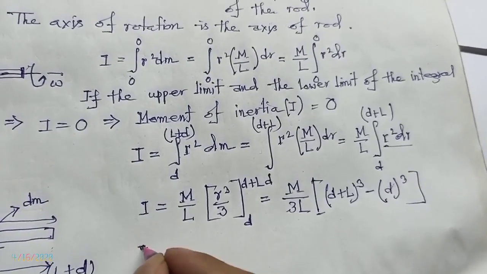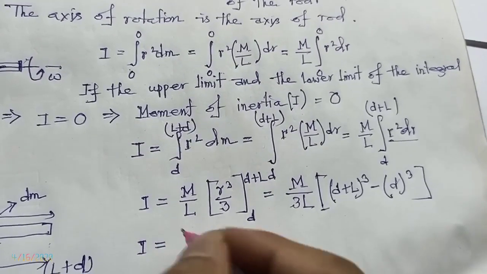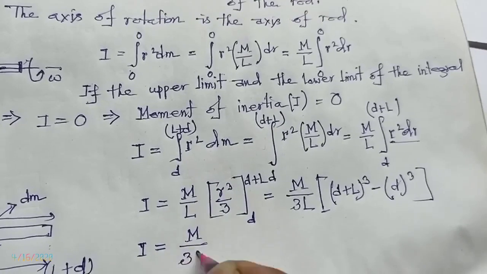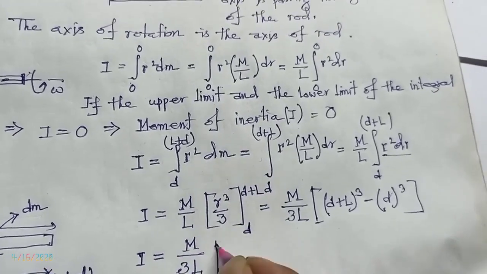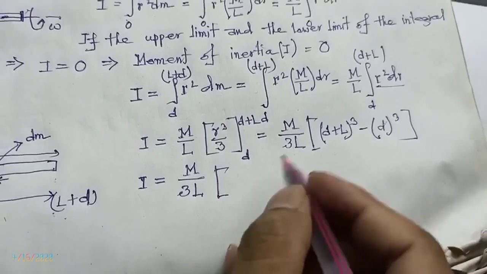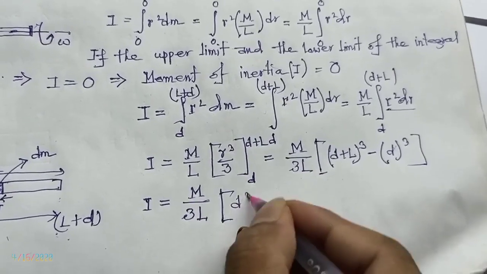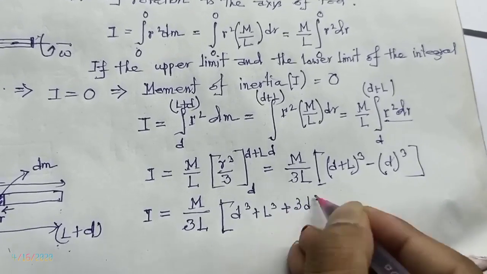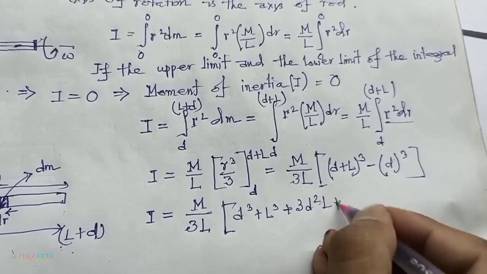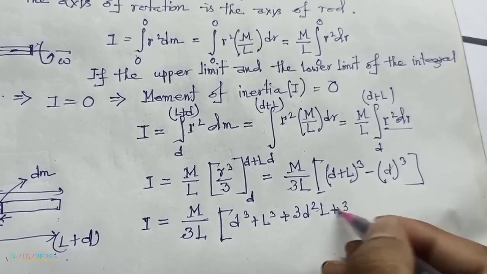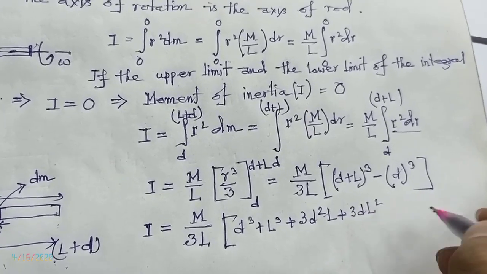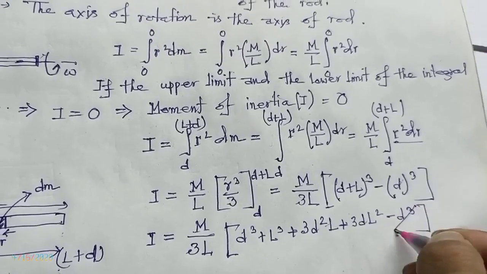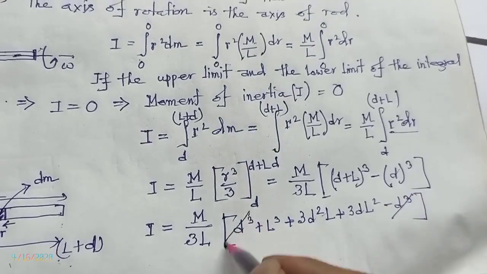So I becomes m divided by 3l, and if we calculate this, d plus l cube equals d cube plus l cube plus 3 d square l plus 3 d l square, minus d cube. So this d cube and this d cube get cancelled.